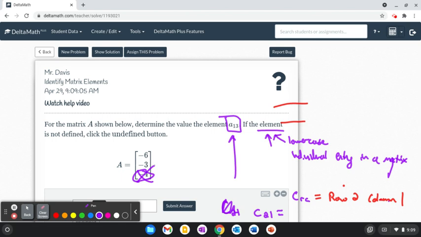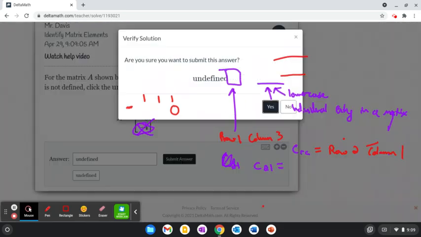Bad choice. All right. Because this, remember, 1, 3 is row 1, right? Always row first. Column 3. So row 1 is here, and then we should be over 1, 2, 3 columns, so it should be right here. There obviously is nothing there, so we're going to put undefined again.